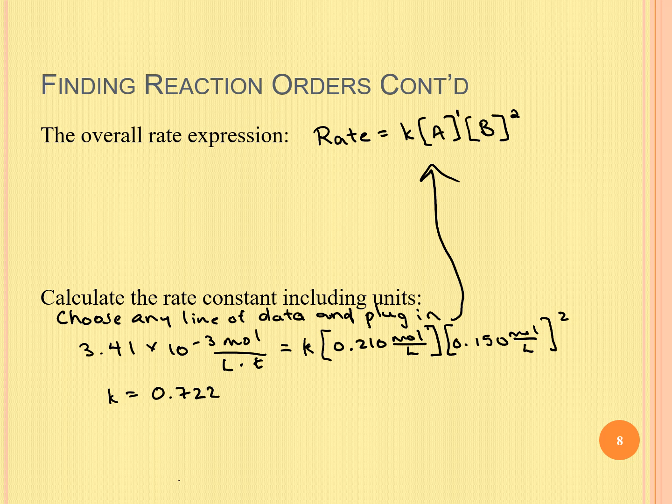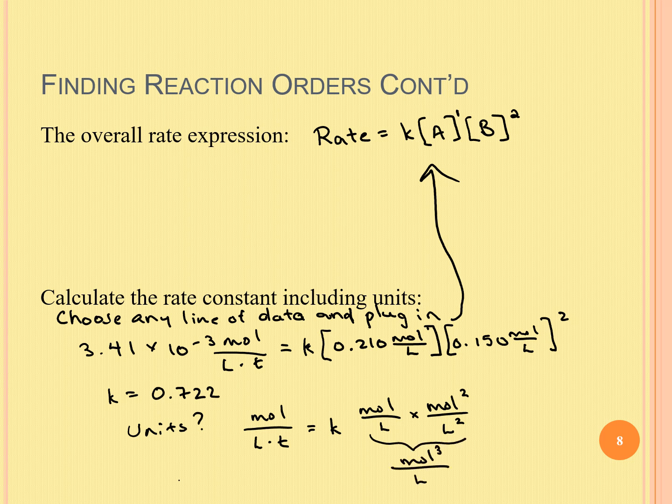But the units. On the left-hand side, I had moles over liters times time. On the right-hand side, I have K, and then moles over liters times moles squared over liters squared. This is moles cubed over liters cubed.